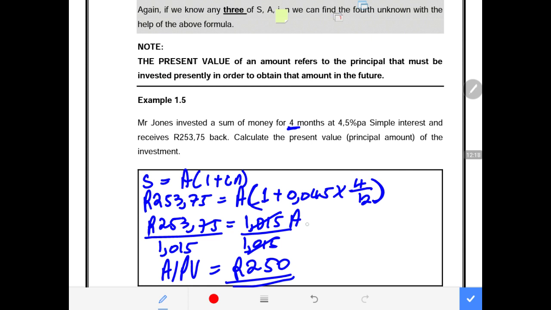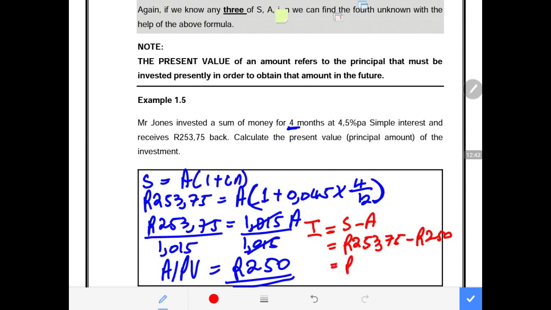Then again, another piece of information that I need to bring across to your mind is the fact that we can also calculate the interest that was earned. The interest that was earned is sum accumulated minus A, meaning future value minus present value. In this case, the interest that would have been earned on this investment will be 253 rand 75 cents minus 250.